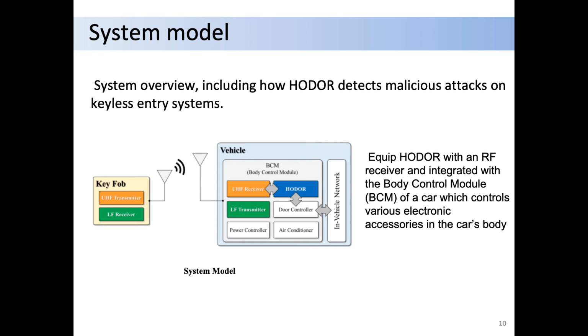We equip the holder with an RF receiver and integrate it with the BCM. The BCM is the controller of the accessories of the car. Without the holder, we cannot distinguish the RF fingerprinting.